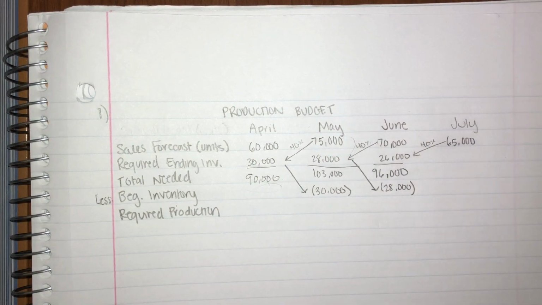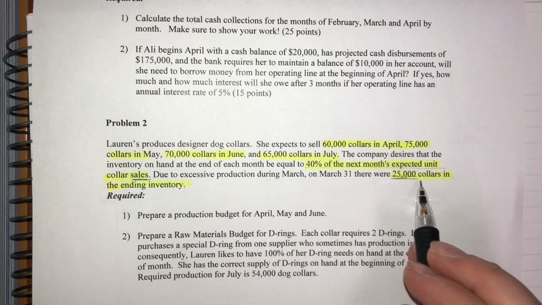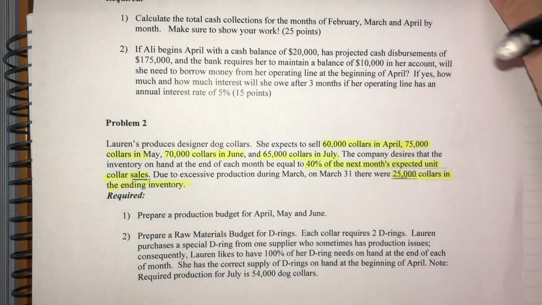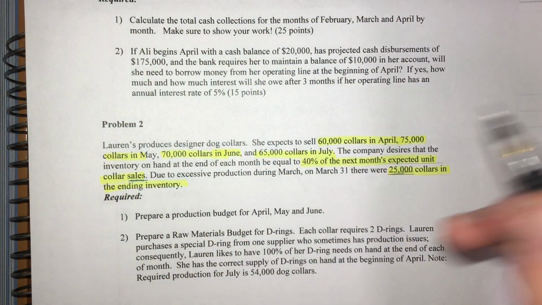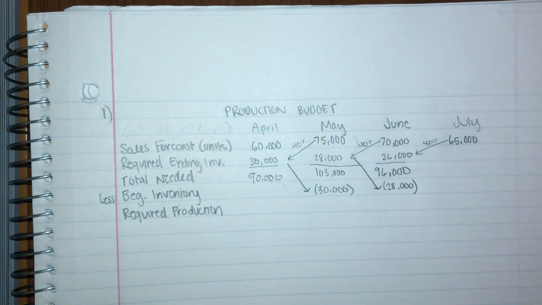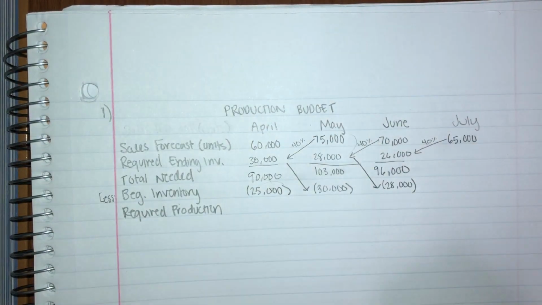So what do I do? I actually was given this number in my problem. It says 25,000 collars in the ending inventory as of March. As I said in one of the previous videos, an ending inventory for a month is the beginning inventory for the following month. So that's the beginning inventory. That would be 25,000 here. So that problem was solved really quickly.